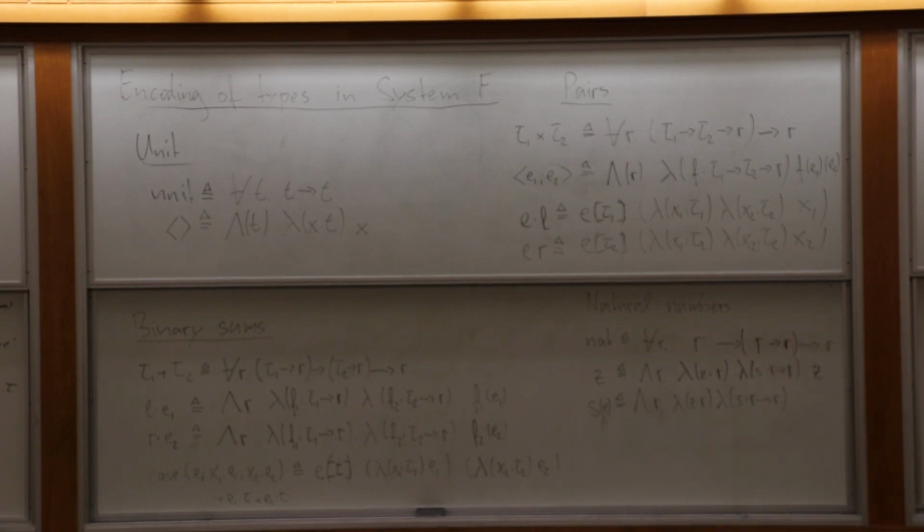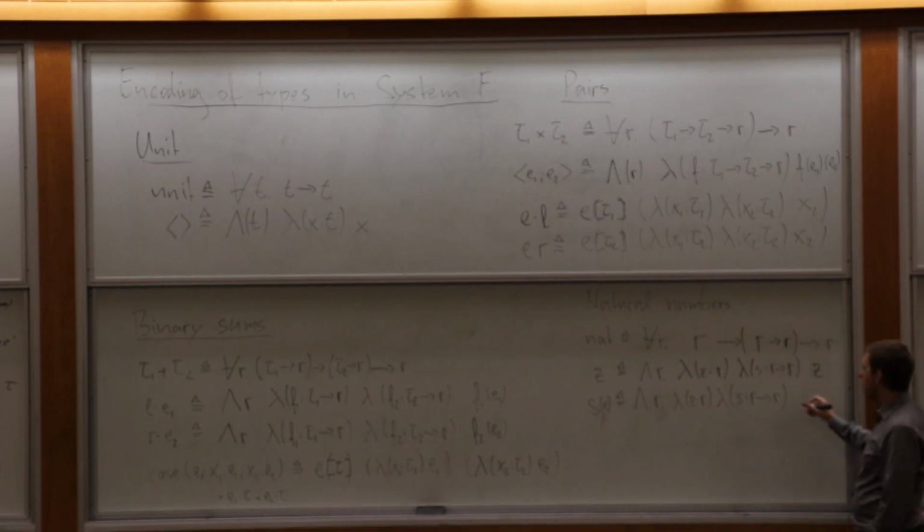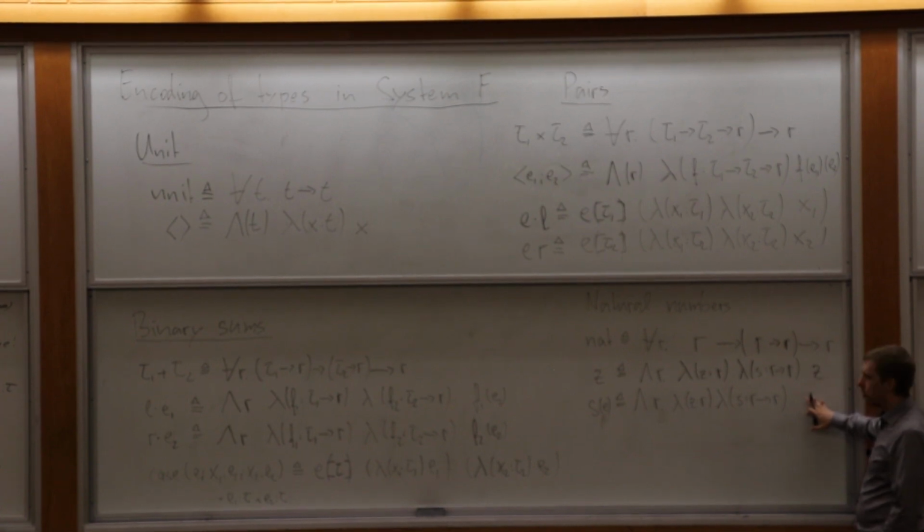So, now what? And now it becomes a little bit weird. But what you really want to do now is say something like, we want something of type R. We of course want to use E somehow.